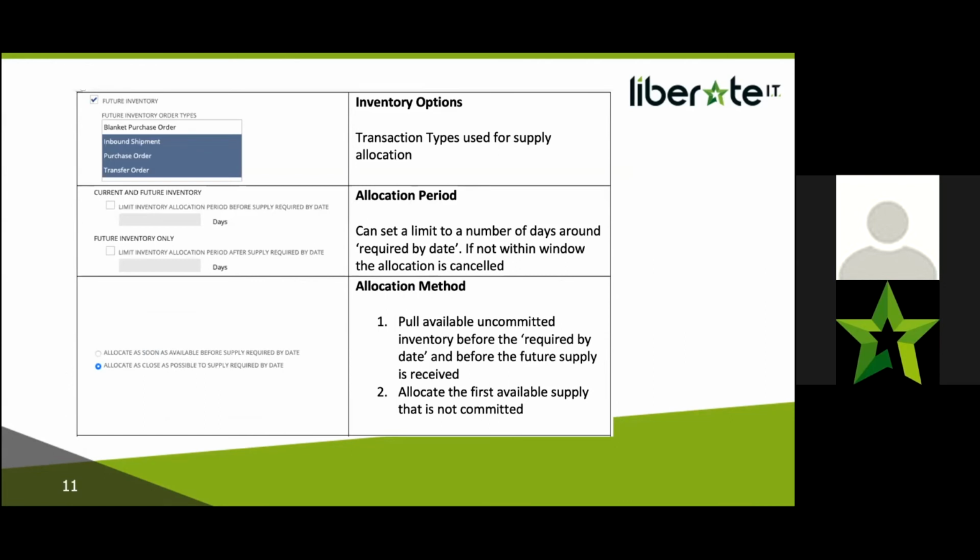This is the window, and if it's not within these windows, the allocation is cancelled. So you can set specific timeframes for the allocation. Then the allocation method: whether we pull available uncommitted inventory before the required by date and before the future supply is received, or allocate the first available supply that is not committed.